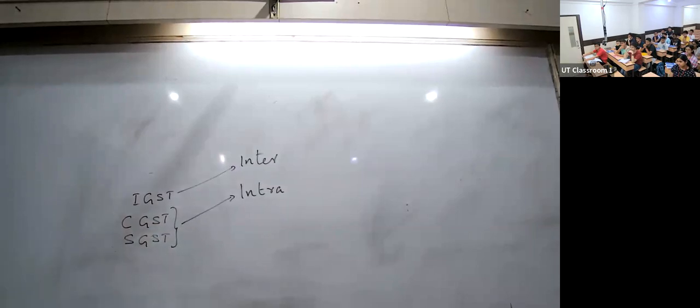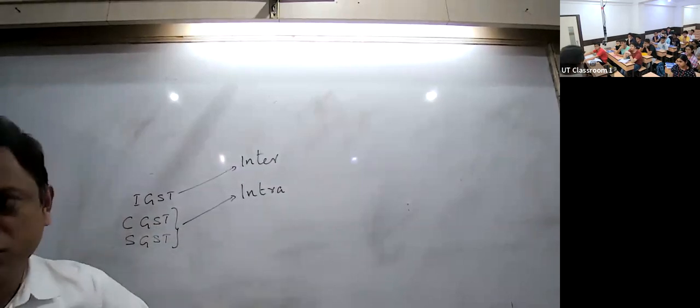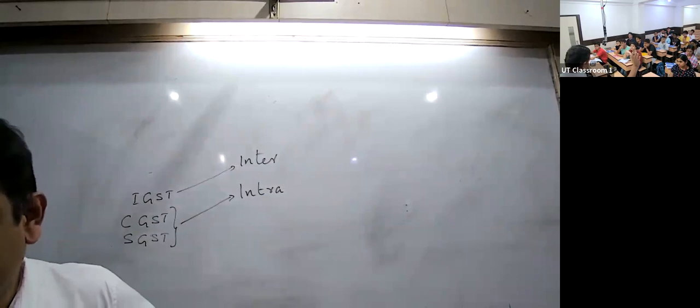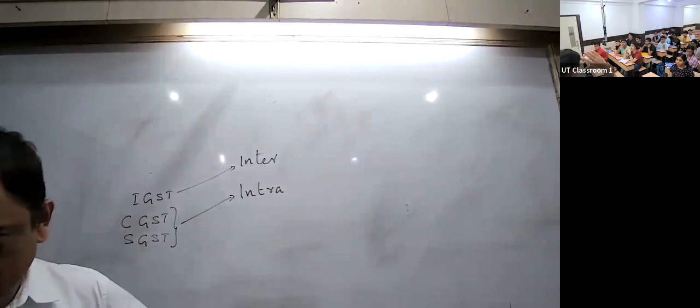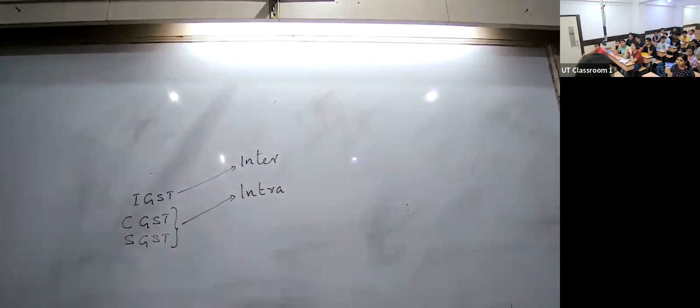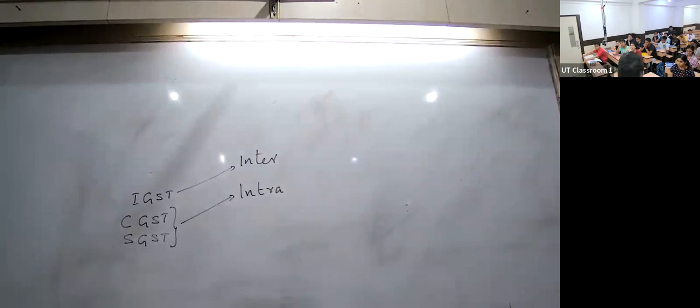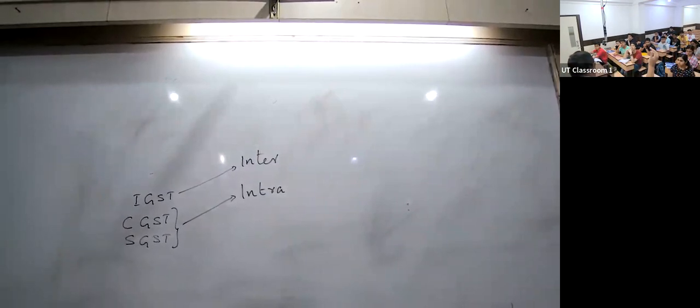Now what is the difference? We have two systems of government: one is the state government and the other is the central government. To run the government, taxes are required, for infrastructure development and all the things. There are a lot of activities done by the state government and by the central government.